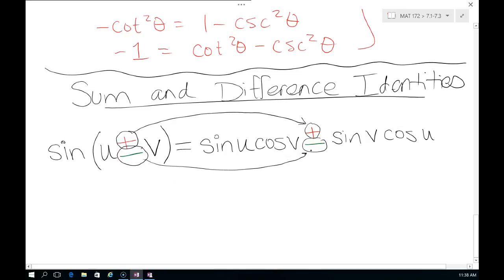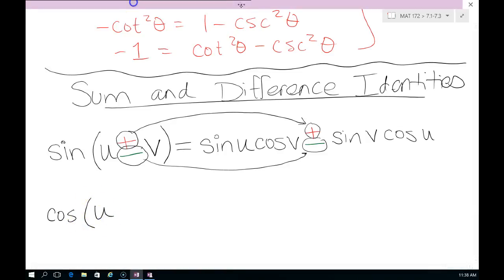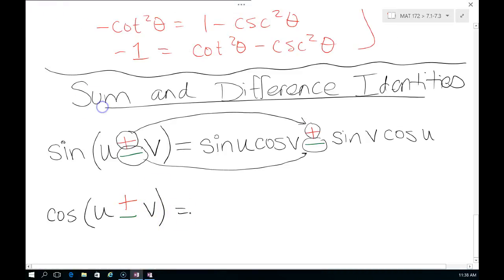So cosine is the mean guy. He does not like to mingle, he does not like to share, and he's going to change the operation. So for cosine of u plus or minus v, he does not like to mingle, and he does not like to share. He's the bad guy. So he's going to take both of them. Cosine u, cosine v. He's mean, bad. He's going to change the operation on you.